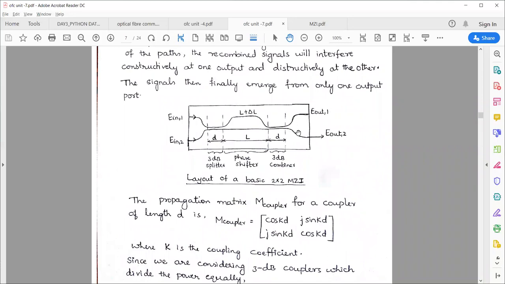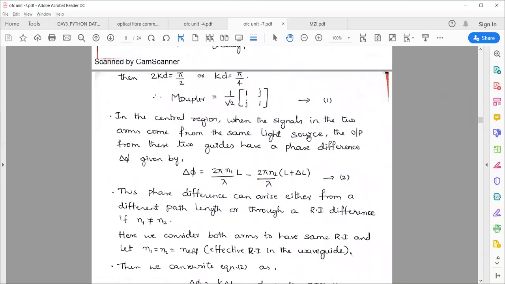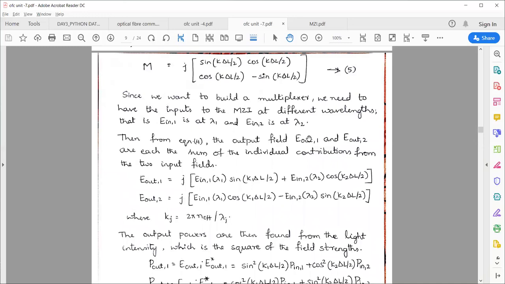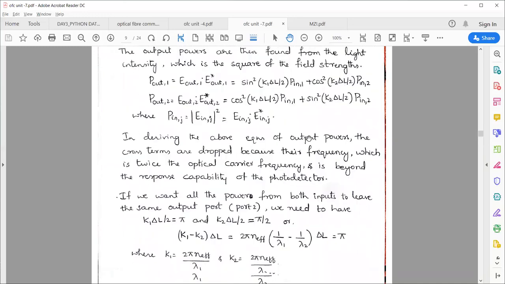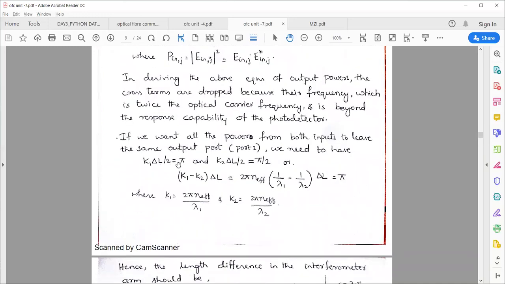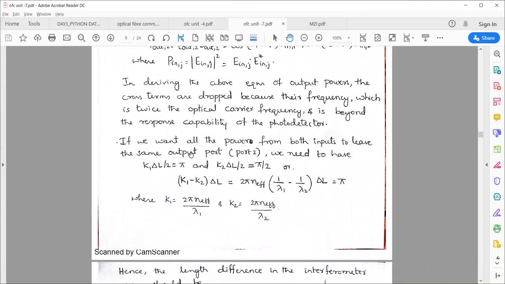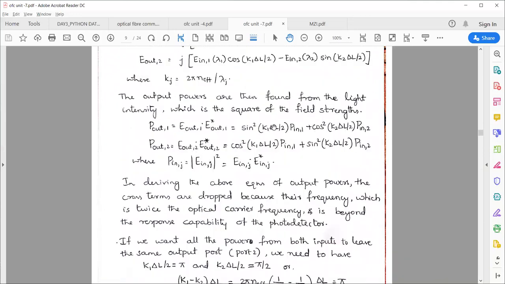So the combination of E in 1 and E in 2 should come out of the second port, and E out 1 should have an output of 0. In order to meet that requirement, we need to substitute k1 delta L by 2 as pi in this expression and k2 delta L by 2 as pi by 2.